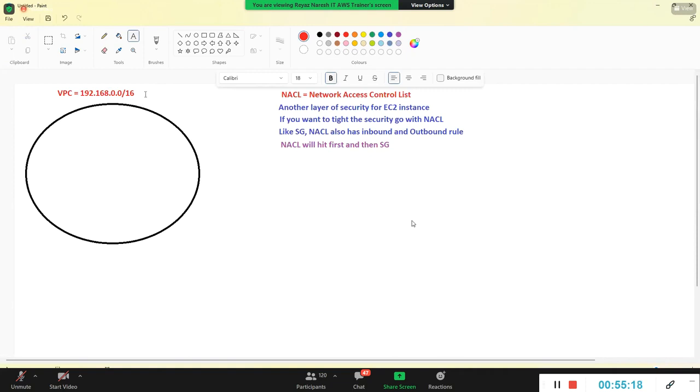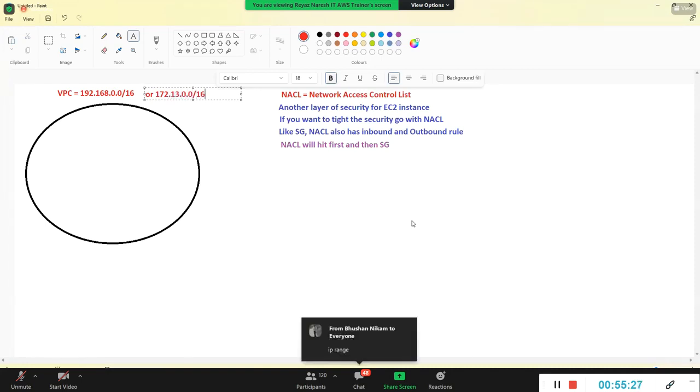You can go with the 192.168 series, or you can go with the 172 series, 172.31.0.0 series, any IP range. Do you all agree that AWS has the default VPC also? Yes, now we'll be using the default VPC, and that default VPC also has the same kind of network like 172.